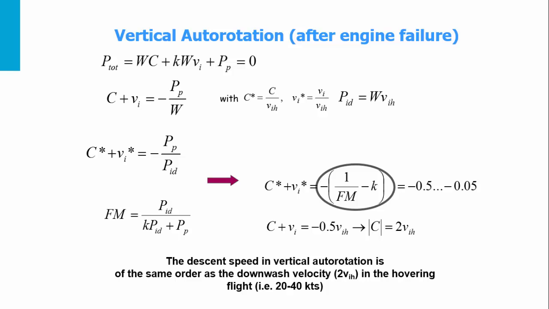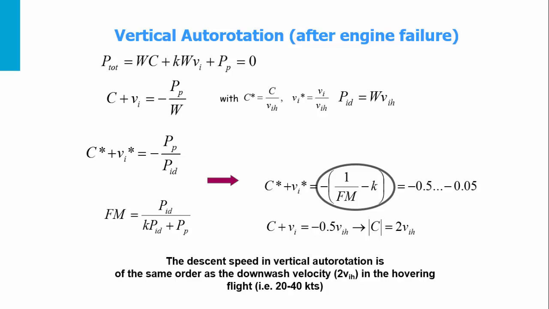Using non-dimensional notation and non-dimensionalizing by induced velocity in hover, recalling also that the ideal power is defined as the power to lift a certain weight W, and recalling the figure of merit according to the blade element theory, one can obtain the relation given on the right hand side, namely that C plus Vi equals minus 0.5 induced velocity in hover, which is equivalent with the rate of descent being twice the induced velocity in hover.